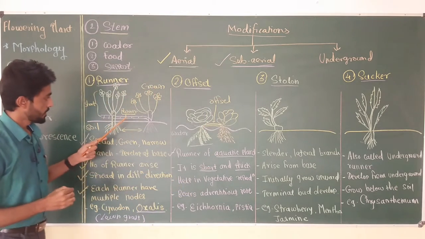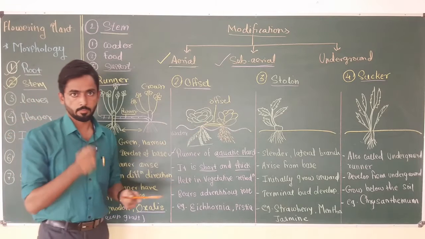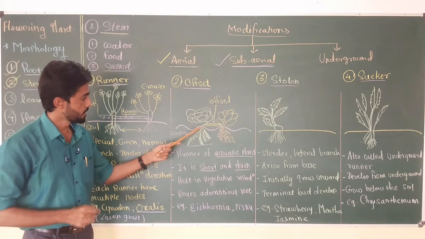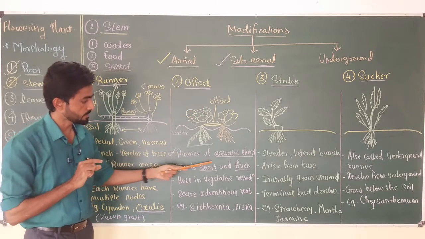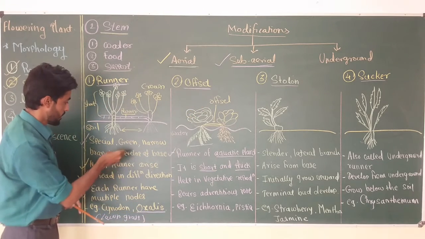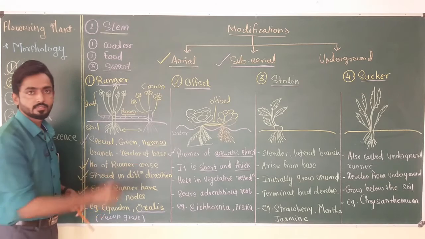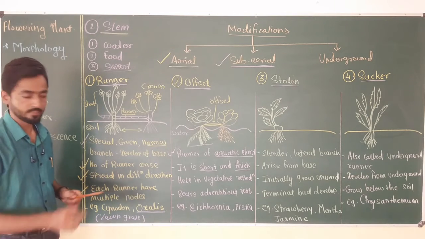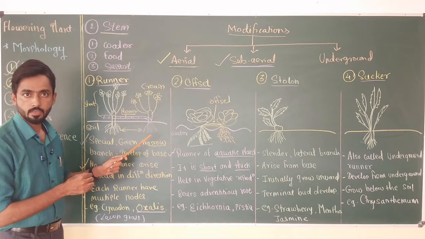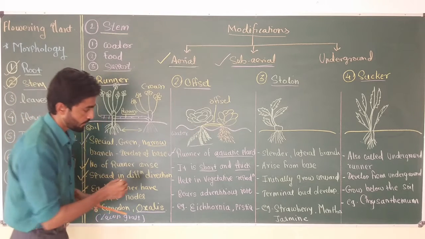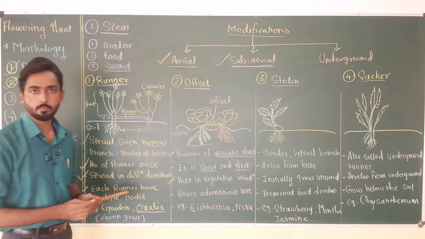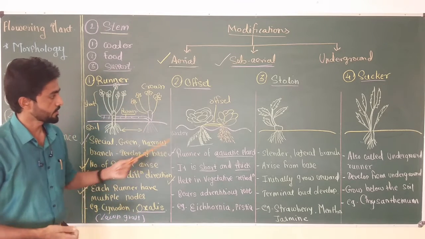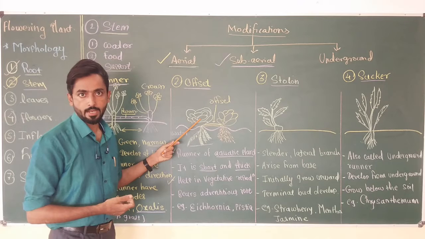When we compare the runner with the offset, the major difference is the absence of nodes and internodes in the offset, and it is a short and thick branch, while the runner is a narrow and thin branch, and is actually longer than the offset. Offsets help in vegetative reproduction of the parent plant.